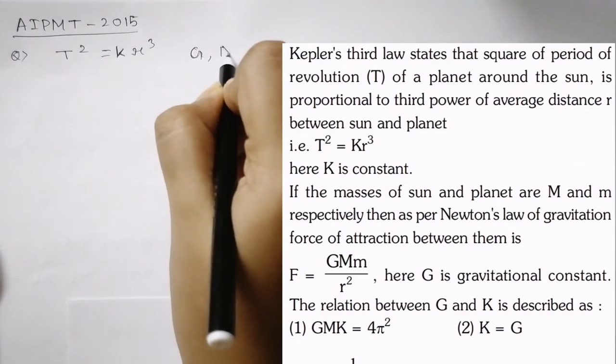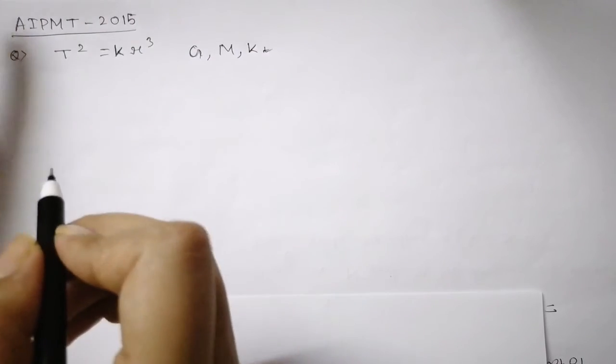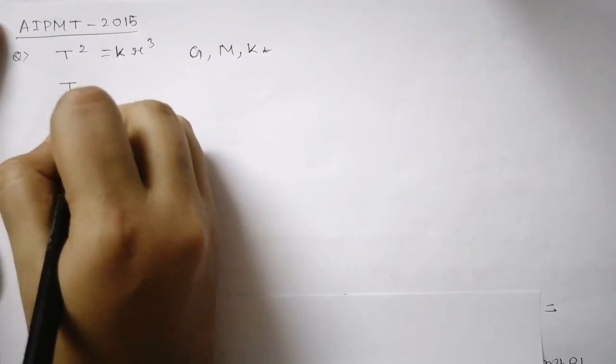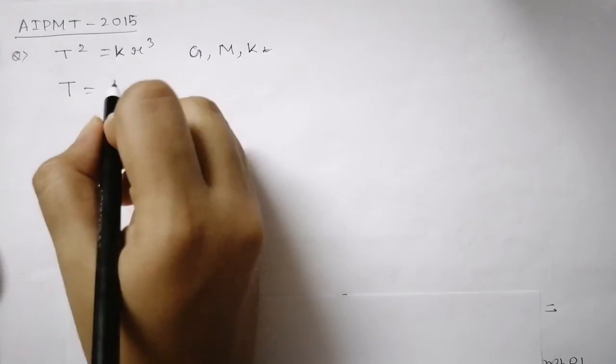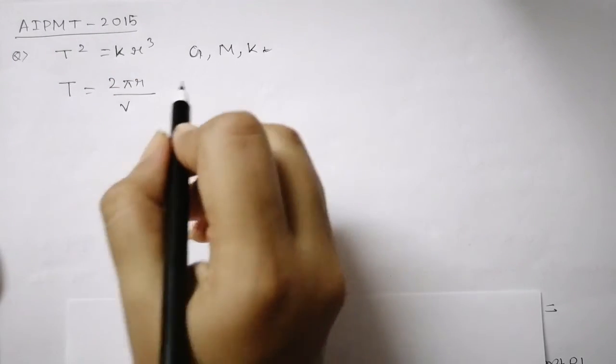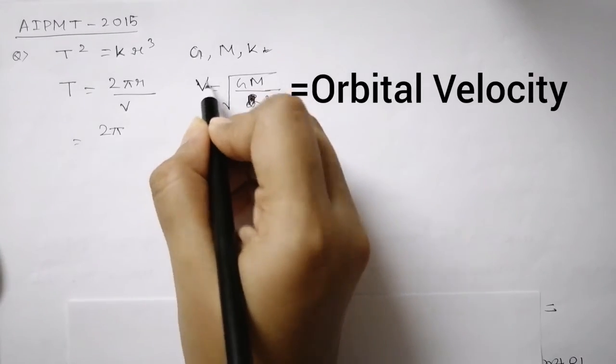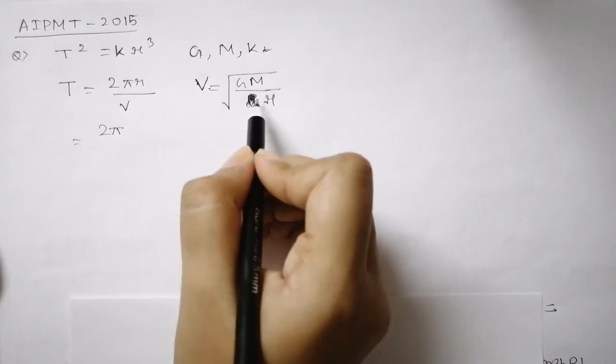First write down the formula of time period. Time period is simply 2 pi r divided by v. So what is v? v is the orbital velocity. The formula of orbital velocity is root over GM by r.